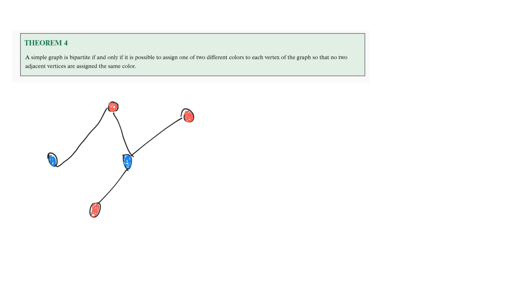So it's a very intuitive notion that you color each vertex. Now let's see a very nice theorem about bipartite graphs. A simple graph is bipartite if and only if it is possible to assign one of two different colors, like red and blue, and this means coloring it by two colors, such that each vertex gets just a color and no two adjacent vertices are assigned the same color.